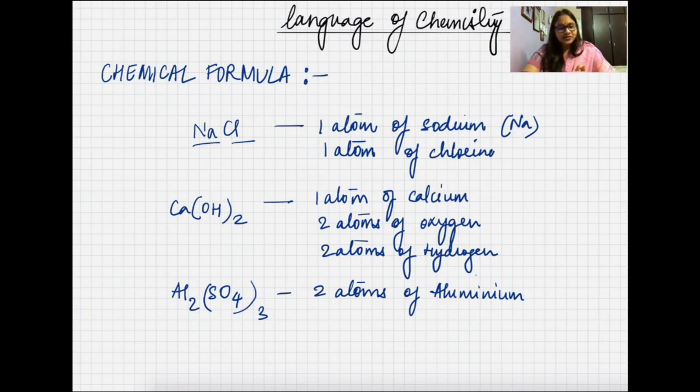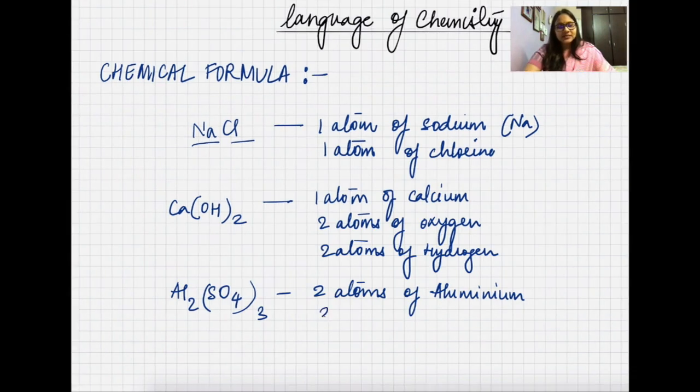At the base of the symbol sulfur there is no number, so we'll consider it to be 1. But SO4 is written inside the bracket with 3 outside, so I will multiply 3 with 1. So it becomes 3 into 1, 3 atoms of sulfur.